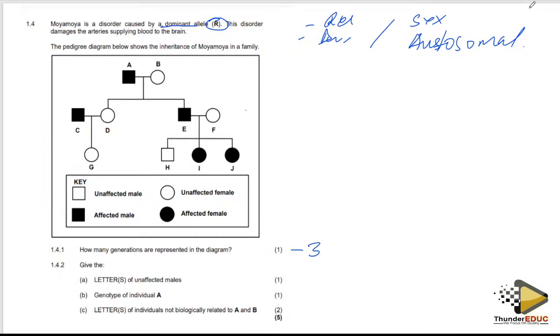So we just give you the question. So please take note of that. In this case, they gave you a key. The one who is shaded is affected with the disorder. The one who is not shaded is not affected.